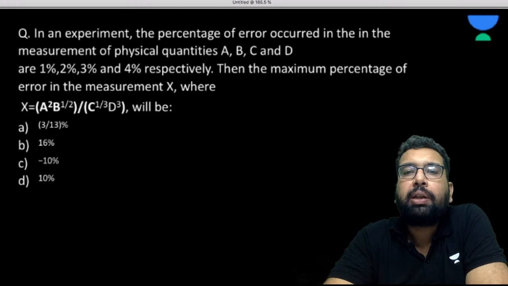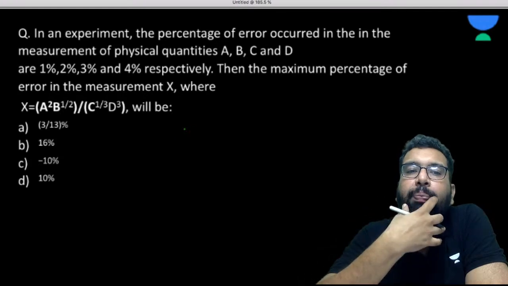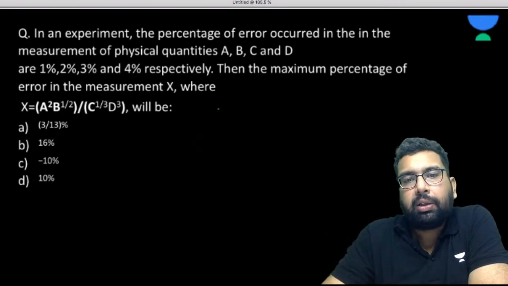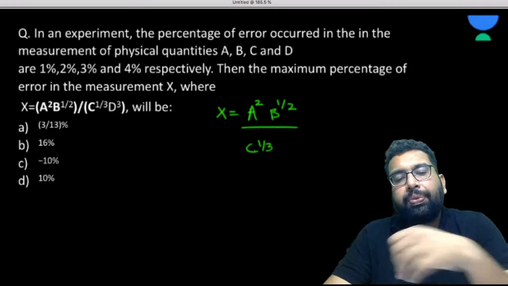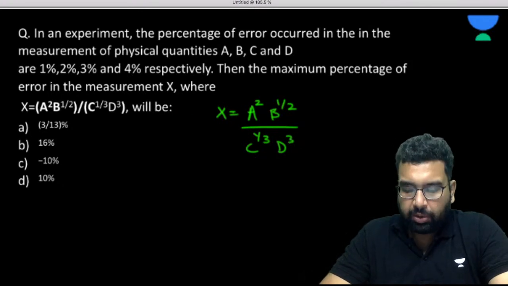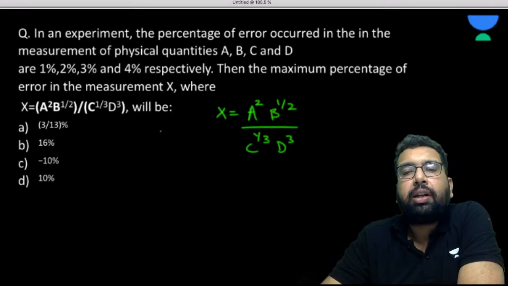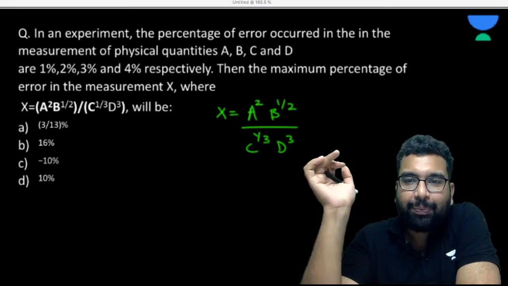Then find the maximum percentage error in the measurement of X, where X is equal to A squared B to the power 1 by 2 divided by C to the power 1 by 3 and D cubed. So for each of these quantities, A, B, C, and D, the individual percentage error in their respective measurement is given.